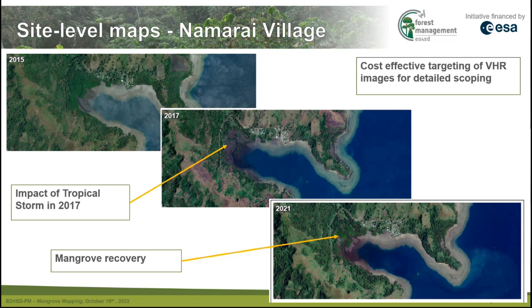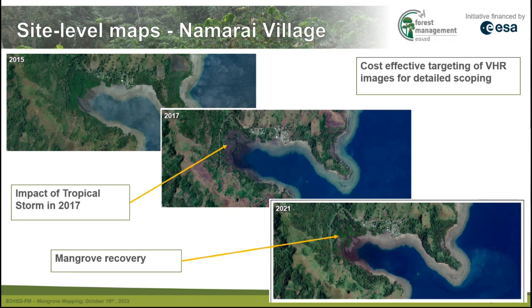But in 2021, which is the most recent very high resolution data we could obtain, we could see that the mangrove has started to recover. So what you can see is that our Sentinel-2 product from 2017 to 2022 was identifying areas where the mangrove was resilient, the mangrove had started to recover.